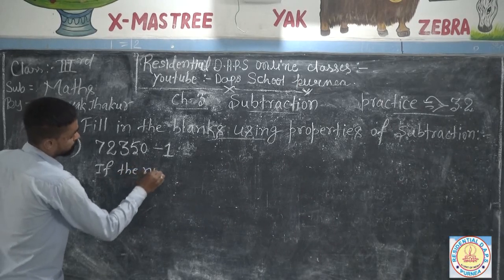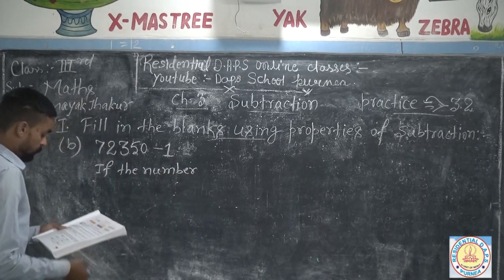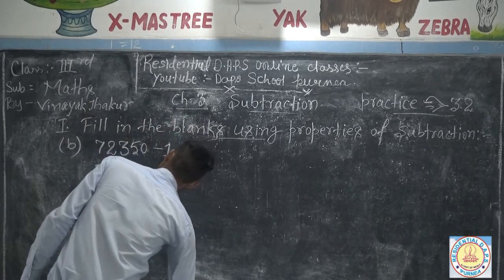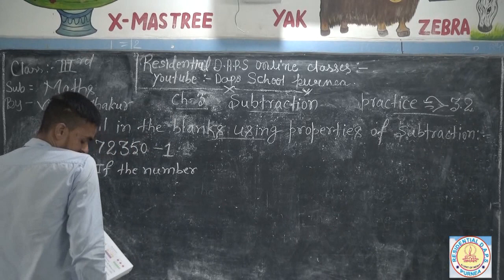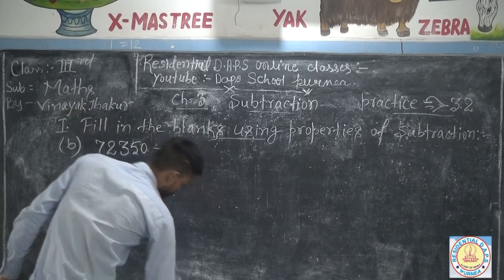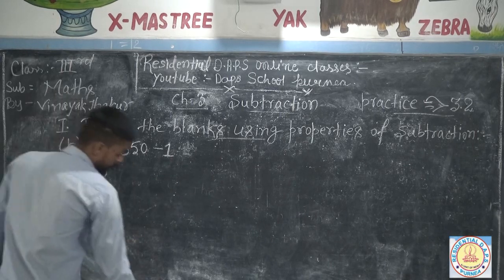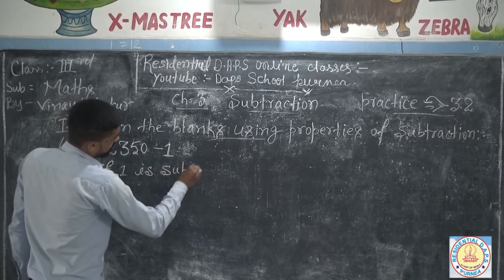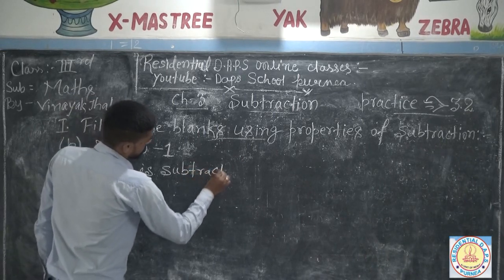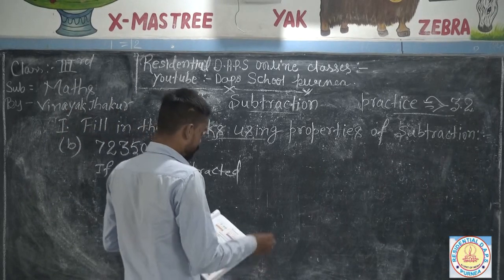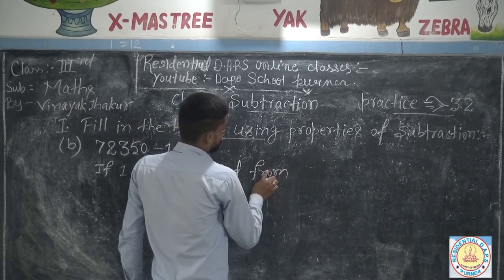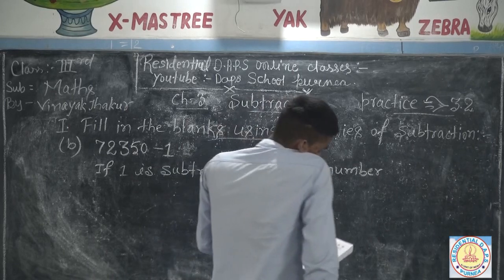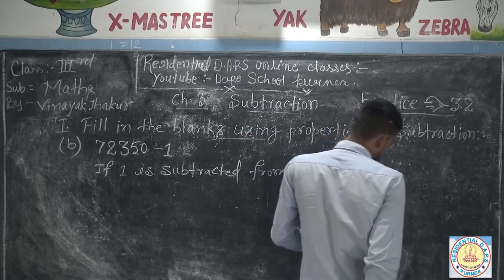If 1 is subtracted from any number, we can get the predecessor of the number.